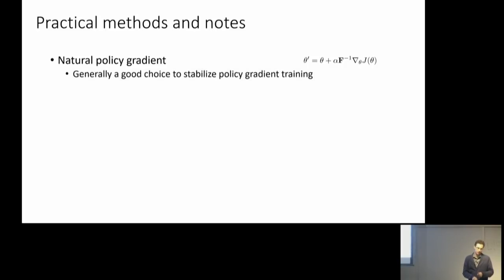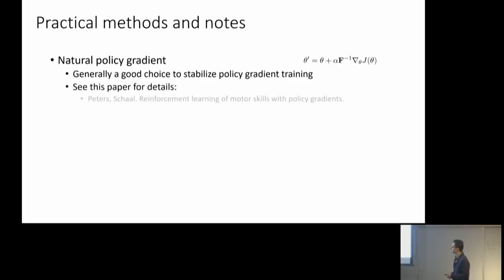Natural policy gradient is generally a good choice to stabilize policy gradient training. If you want to learn more, you can check out this paper by Peters and Schaal called Reinforcement Learning of Motor Skills with Policy Gradients. This paper presents a very different derivation of natural policy gradient. They derive it starting from an actor-critic formulation with a really peculiar advantage estimator, but end up with the same equation.